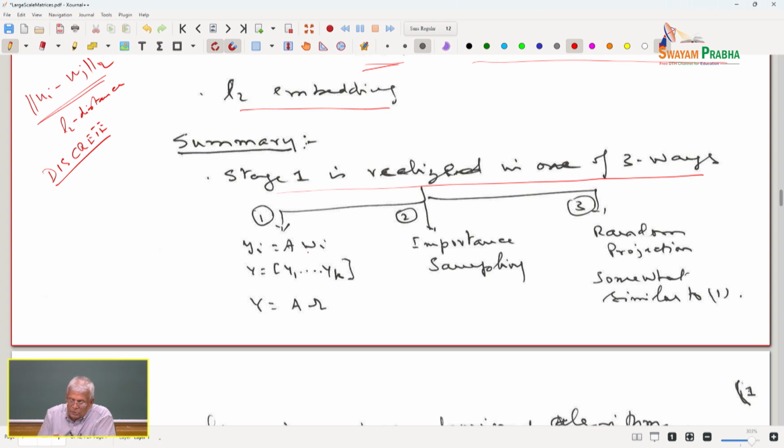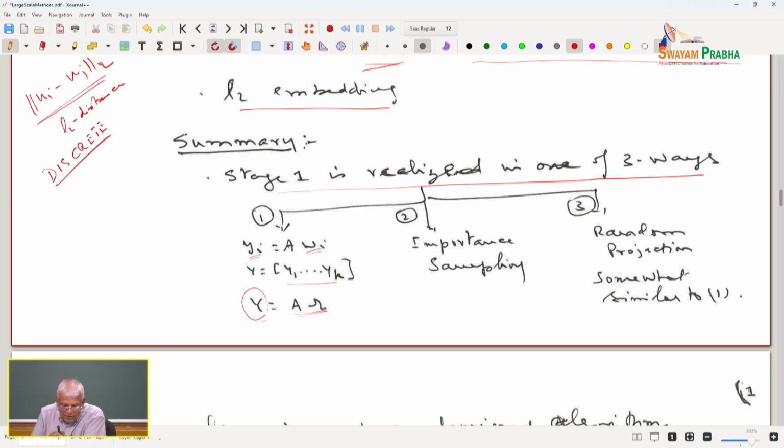One is to be able to sample in the original space, get the random sample y in the range space, and y is expressed as A times omega, and you then process y by doing an orthogonalization procedure on y.